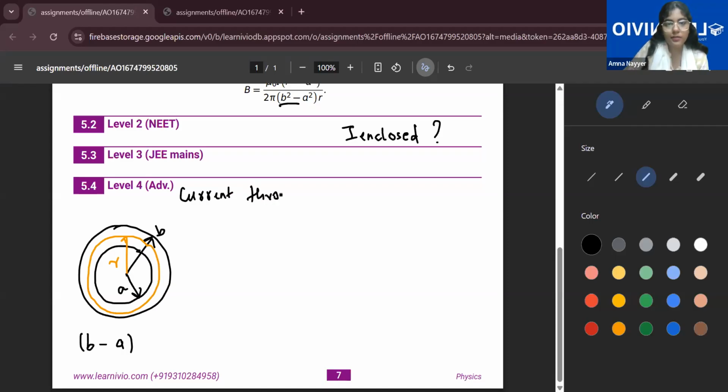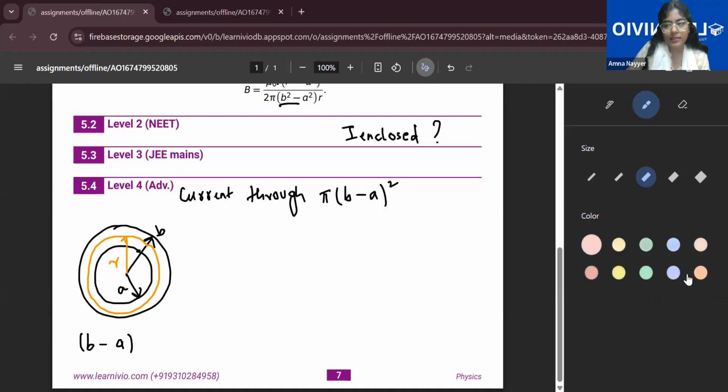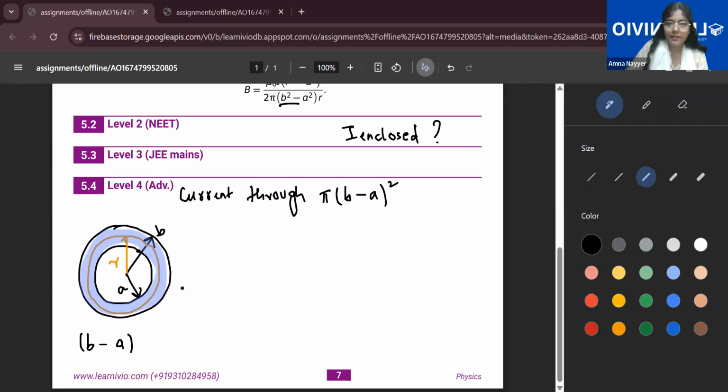The current through the bigger one: the area will be pi times B minus A whole square. This is the portion whose magnetic field we have to find out. So what will be this area? Pi times B minus A whole square, correct? The current through B minus A whole square is given as I.